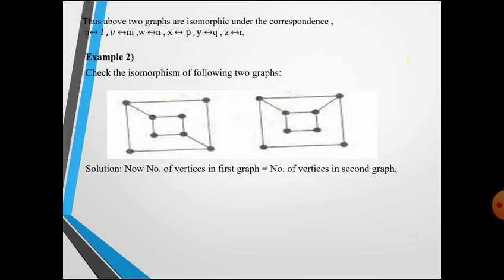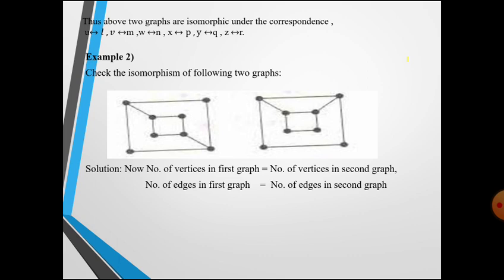Therefore, for checking the isomorphism, we go to finding a 1-1 correspondence. Looking at the outer structure of these two graphs, they are the same, but in the inner structure, if we place graph G1 on graph G2, it cannot be matched.